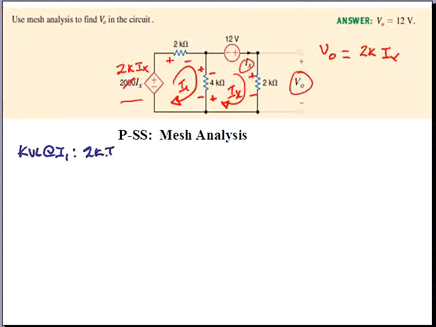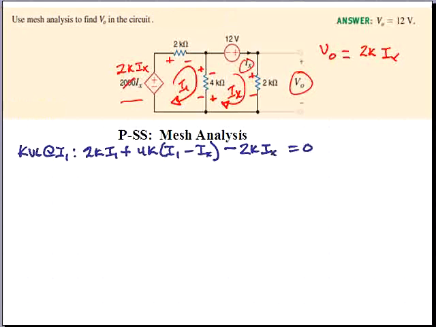2K I1 for a voltage drop at the top of the circuit, plus 4K times the difference between the mesh currents, I1 minus I sub X, at the right-hand side of that mesh. And then to complete the loop, we'll have to add in the voltage of the dependent source, which is minus 2K IX.